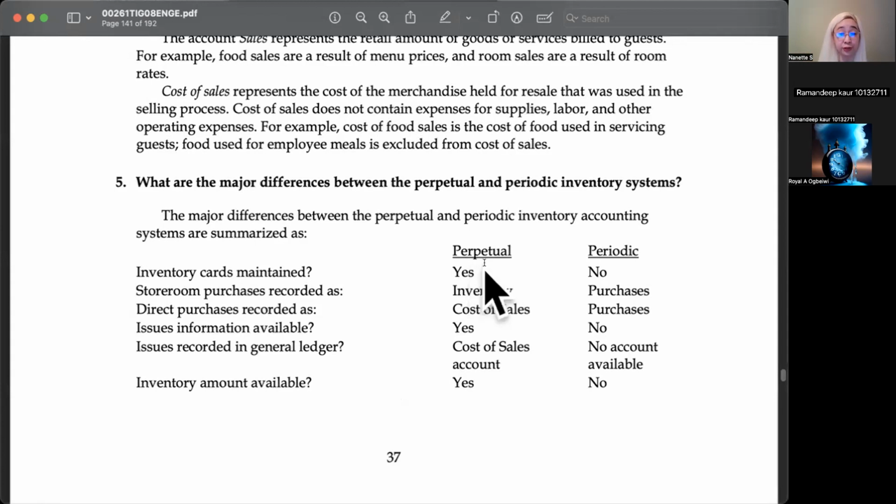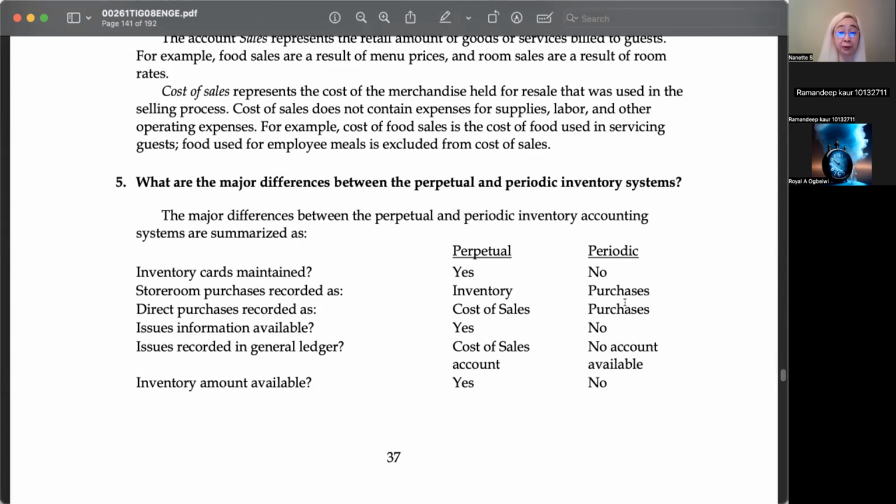Now, you can use either the perpetual system or the periodic inventory system. For the inventory cards, you use them for the perpetual but not for periodic. Now, in the storeroom, as you purchase it, you record it as an inventory if you're using perpetual.